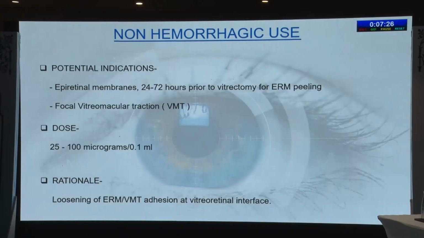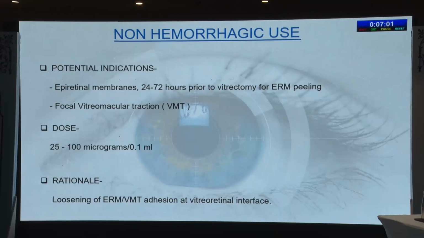These are just case reports which have further scope for research, and probably institutional practitioners like Dr. Devesh may pursue this if it interests you. So potential indications are epiretinal membranes, 24 to 72 hours prior to vitrectomy for ERM peeling, and focal vitreomacular traction. The dose is similar to the intravitreal use of tPA.